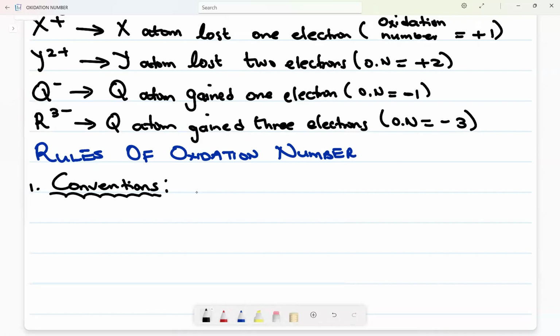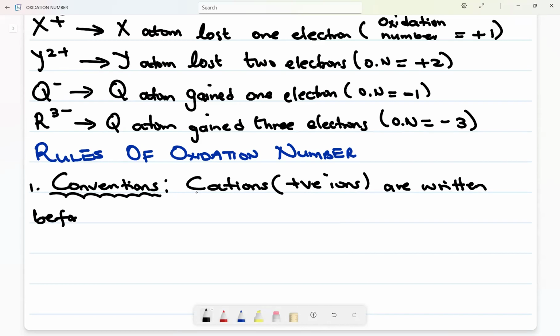What about the convention? When we write down the oxidation numbers, we start first with the cations and then we conclude with the anions. So with regards to the convention, cations, which are positive ions, are written before anions.